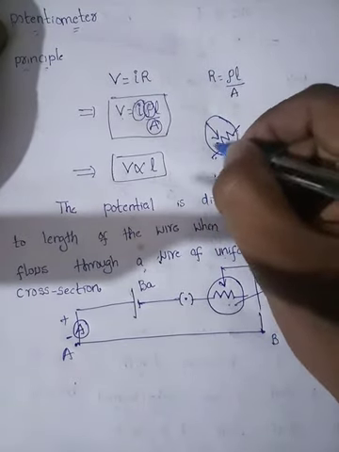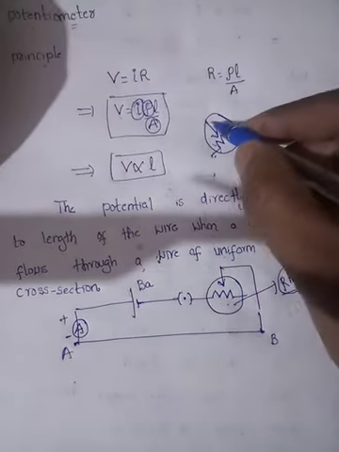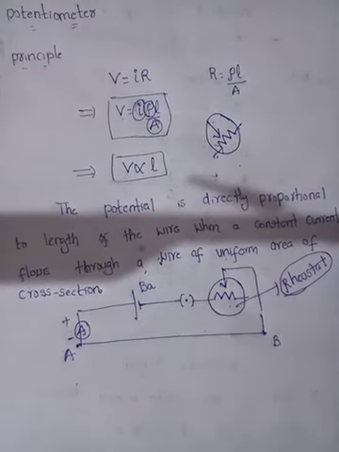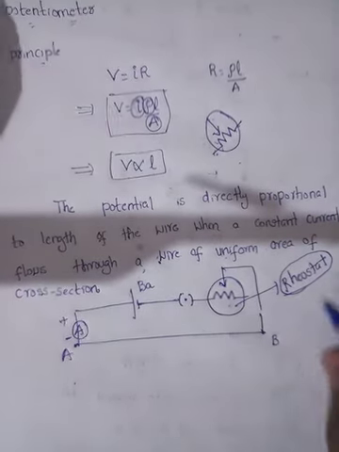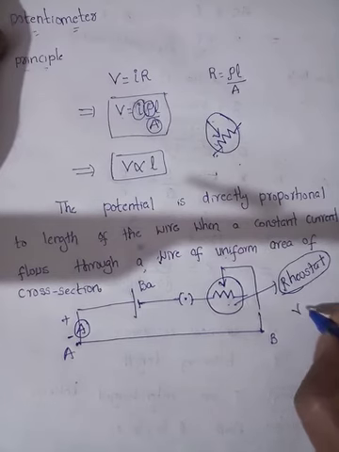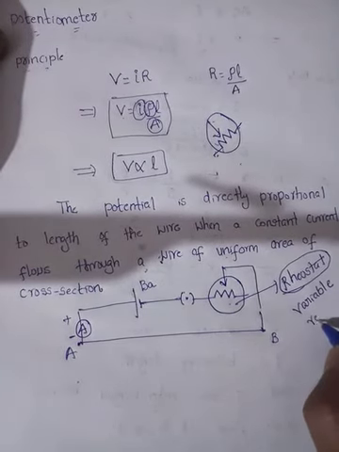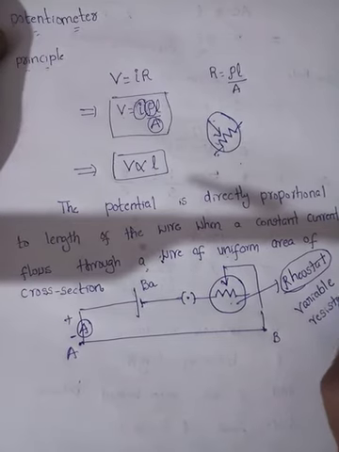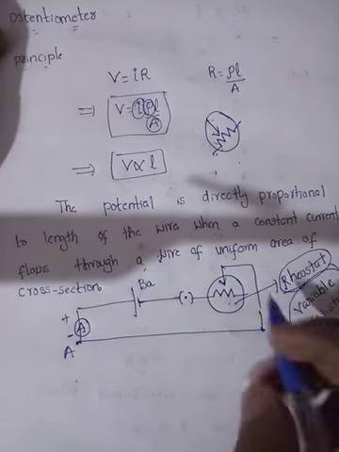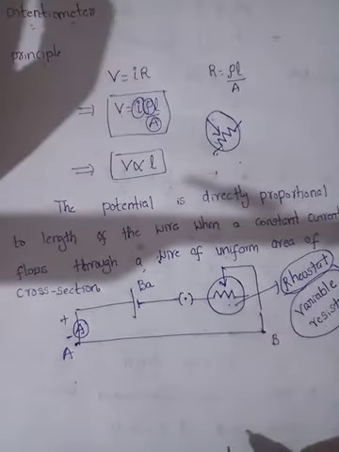These are the two terminals and one terminal lies here, the upper terminal. This is called a rheostat. The function of this rheostat is to vary the resistance, which means we can vary the resistance of the resistor by using this rheostat.